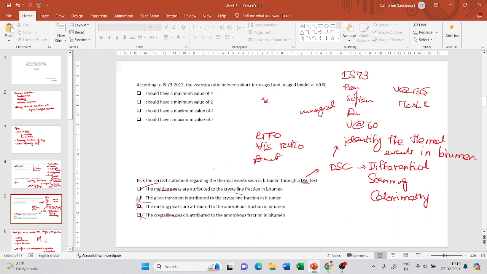Now our question is about viscosity ratio, right? So in IS 73, you do not do any tests on PAV aged sample. You will do tests only on RTFO aged and unaged samples. Now this viscosity ratio is nothing but the viscosity of RTFO aged sample to viscosity of unaged sample.